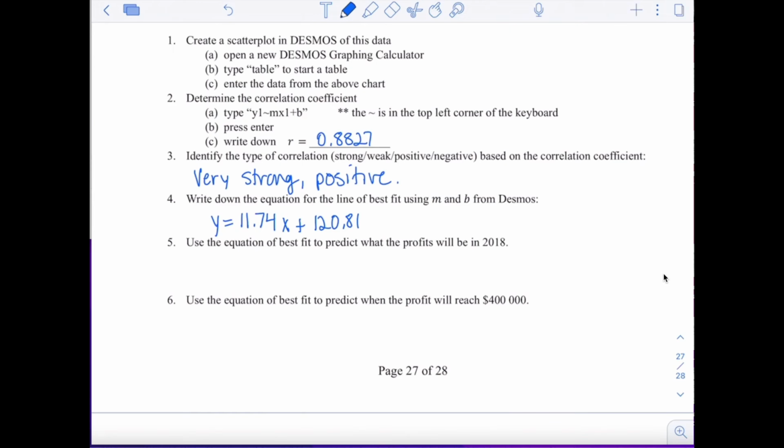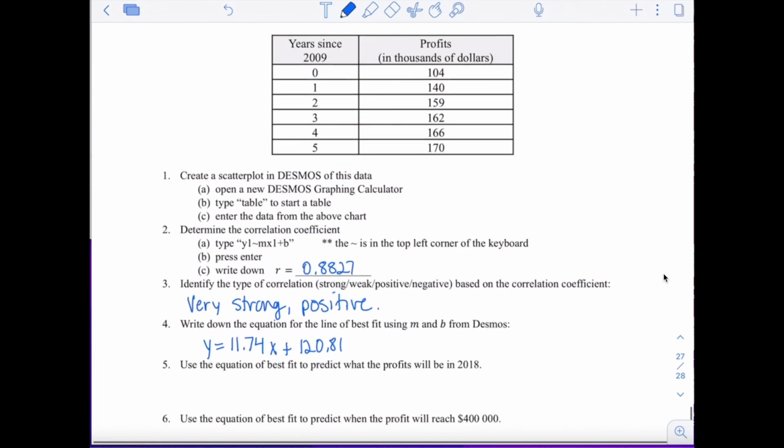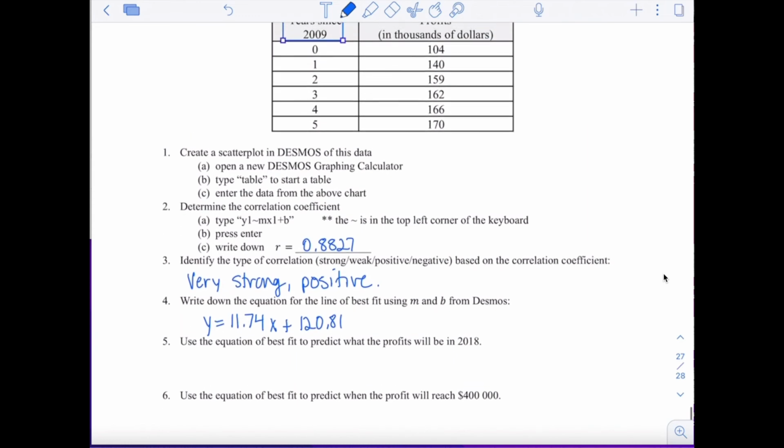So now what we can do is use the equation of best fit to predict what the profits will be in 2018. So if I go back to my chart, I can see years since 2009 is my x value. Okay, so what happens in 2018?